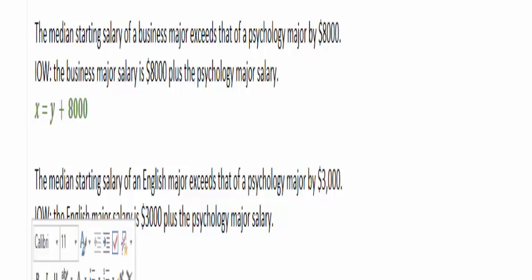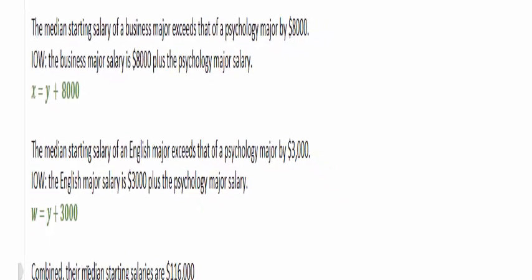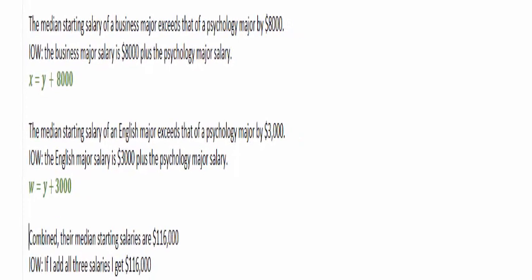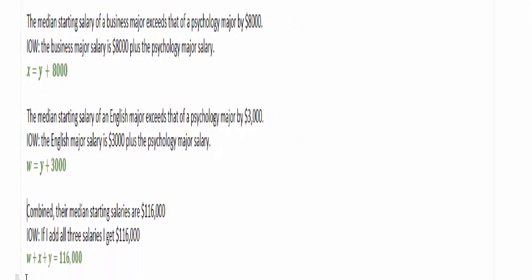And then we said for the passage read, combined, their median starting salaries are $116,000. So that means if we add all 3 salaries up, we get $116,000. Since we don't know the salaries, we put W plus X plus Y equals 116,000.